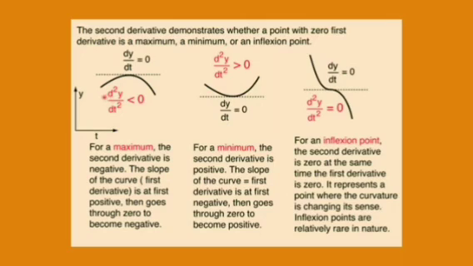Whether it is a maxima or a minima, for that we take the help of the second derivative, d2y by dt square or d2y by dx square. If y is dependent upon time t, then the first derivative is dy by dt and the second derivative is d2y by dt square. If it is negative, it means maxima, because the slope is first more, then 0, then it decreases.